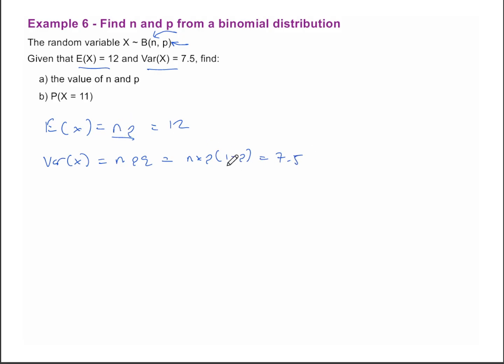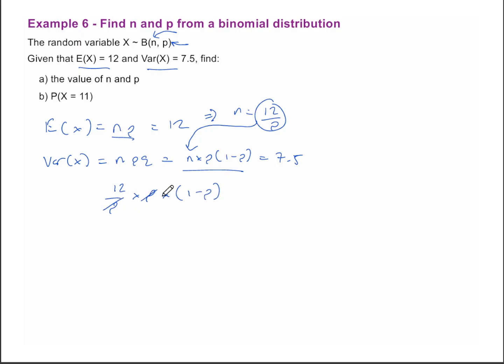We have two equations with two variables, and the way you'll solve for each variable is using simultaneous equations, where here we get that n is equal to 12 over p. We're going to take that into our second equation, which then gives us 12 over p times 1 minus p.